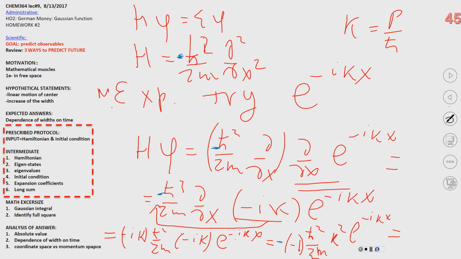So here these two minuses compensate, and we will get h bar squared k squared over 2m times the function we started from.